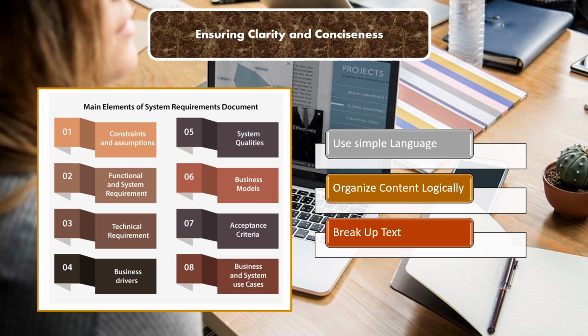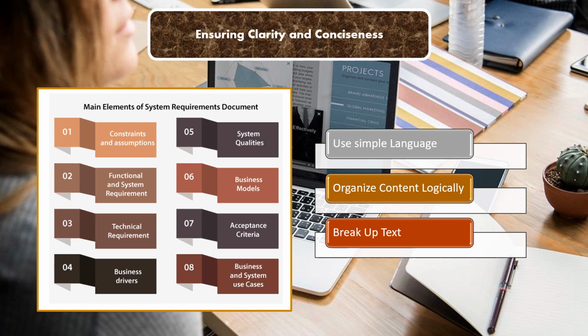So here these are the main elements of the system requirement document. The first is constraints and assumptions. Constraints are the conditions which are being set for this particular software. What are the features which are required for our software application? We have to set up this. Then assumptions. Then functional and system requirements.